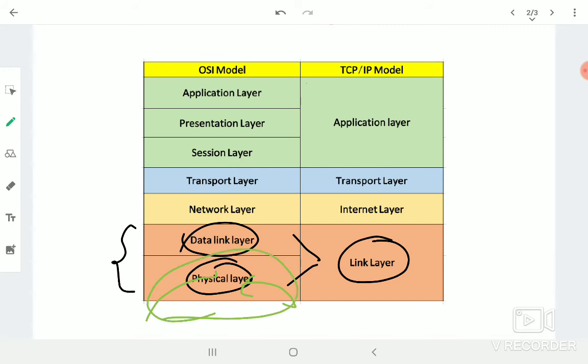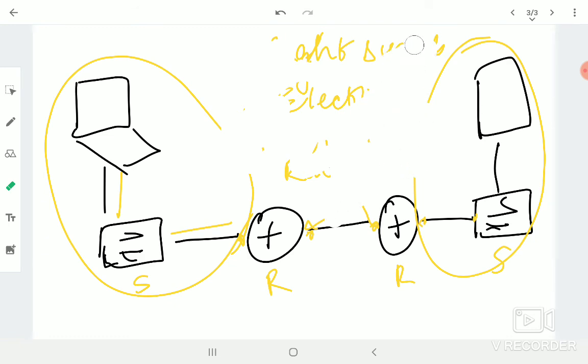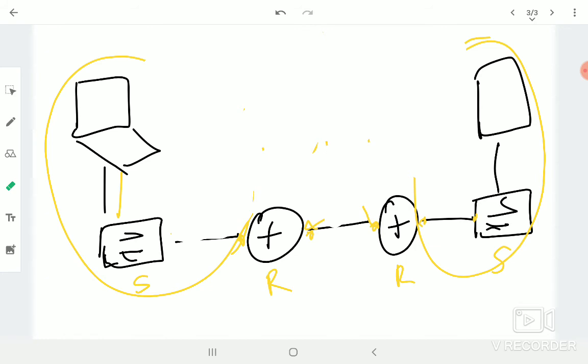So it's very simple and straightforward. What we have to understand here in more detail is data link layer. Now going back to my example, let me grab an eraser and remove some scribbles over here so that I have some space to write. Just bear with me, right? So let me grab a pen again.